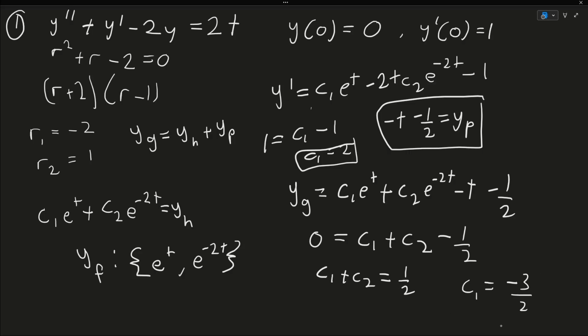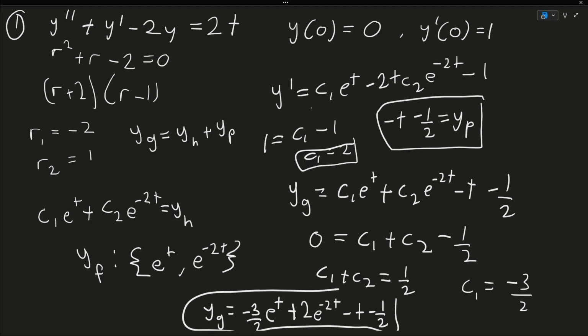So given that we know what c1 and c2 are, now we can write the general solution for this specific curve: negative 3 over 2 e to the t plus 2e to the minus 2t minus t minus 1 over 2, and this will be the solution of our differential equation.